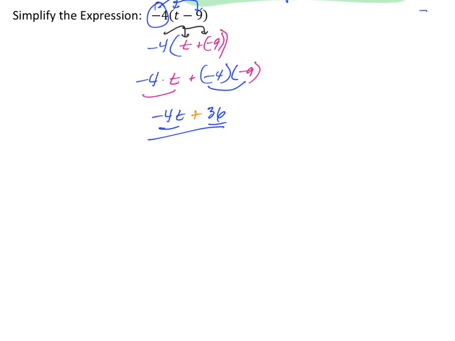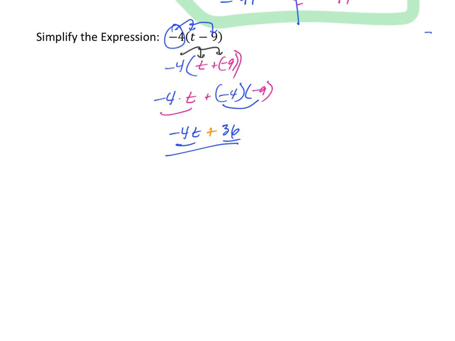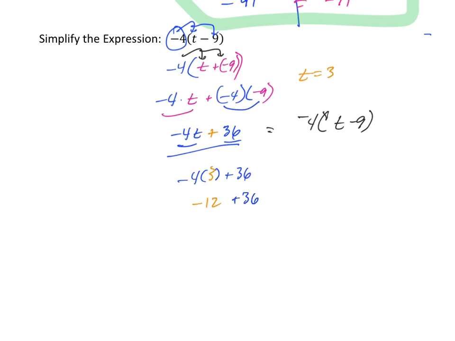Okay, and again, I can check because I can bring it down here and say, well, my original equation was -4 times t minus 9. Pick t equals 3. So over here I have -4 times, and I'm going to put a 3 in there, plus 36. This is going to be -12 plus 36, which is 24.